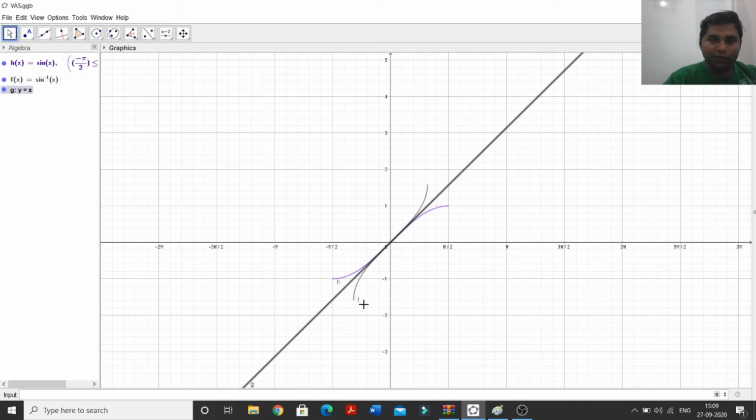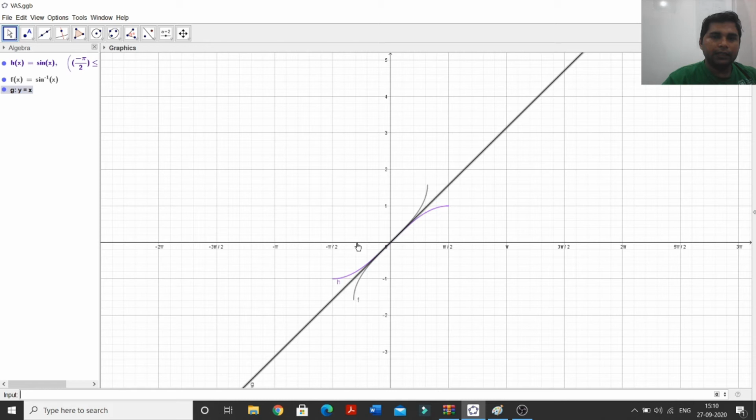Now the point I was making over there is that the domain of the function, minus pi over 2 to pi over 2, will be the range. The range of the inverse function is minus pi over 2 to pi over 2. The range of the function, you can see, is between minus 1 and 1, so the domain of the inverse function will be between minus 1 and 1.